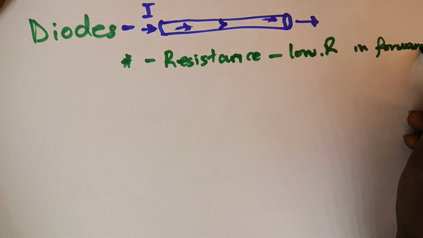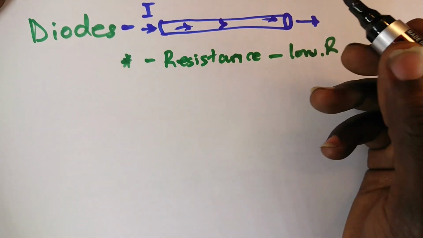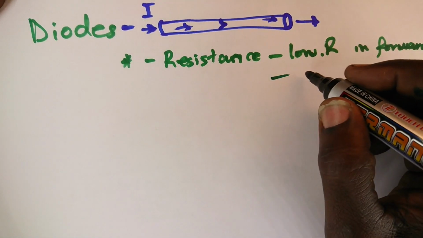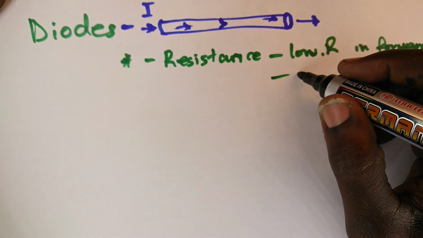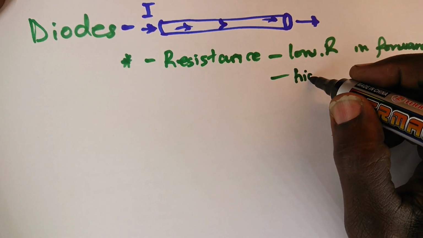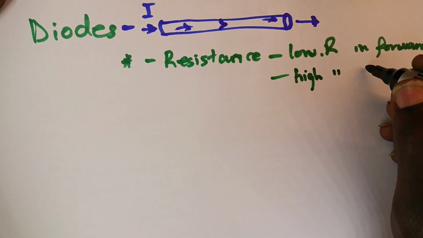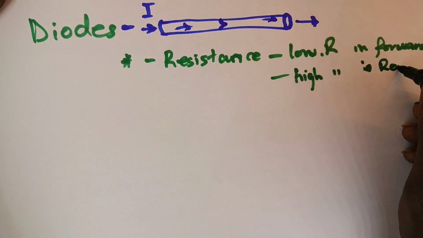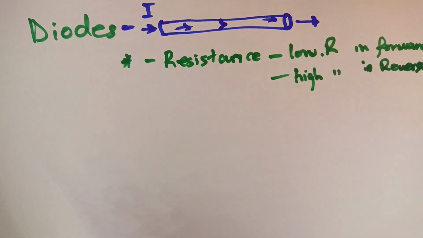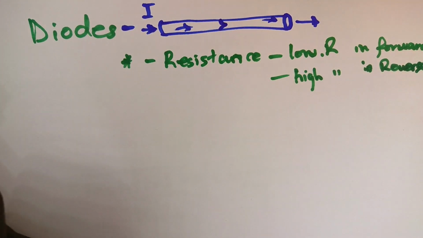In other words, if current is going this way, the resistance is low. However, if we try to go that way, the resistance is actually high. This is in the reverse direction. So that is basically the characteristic of a diode.